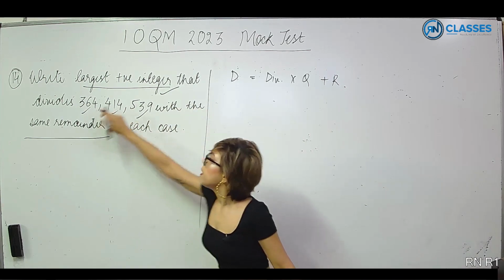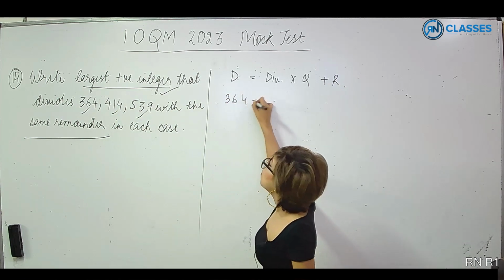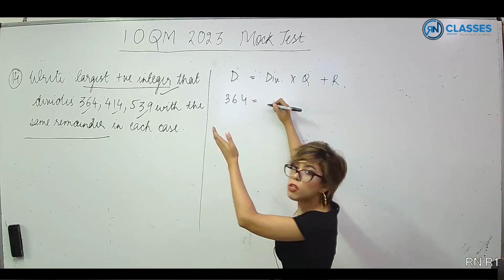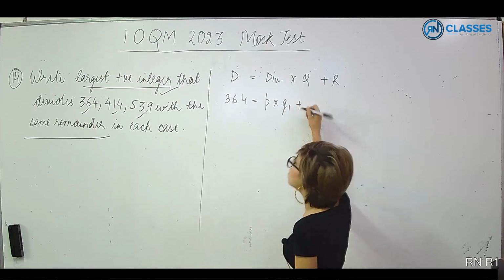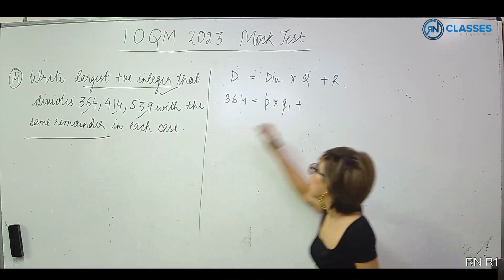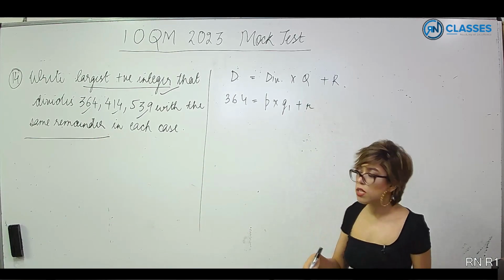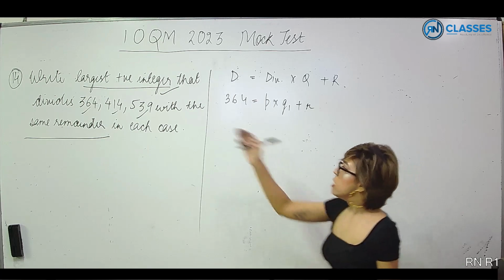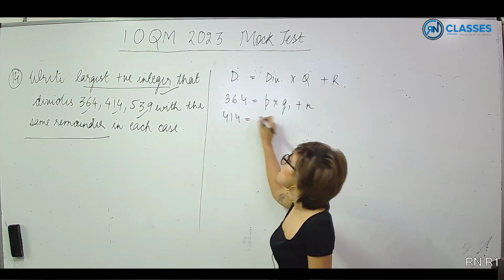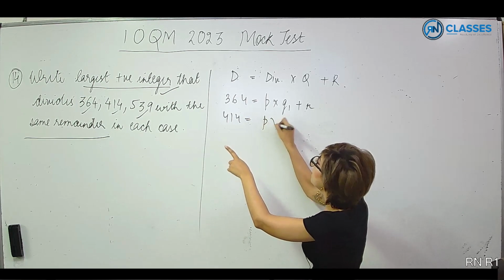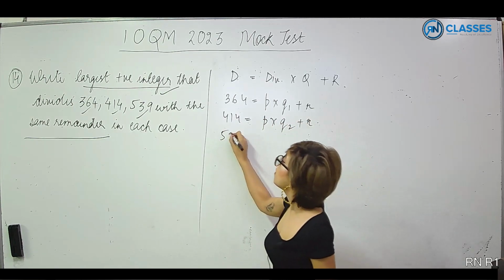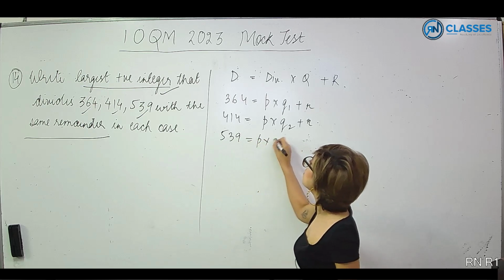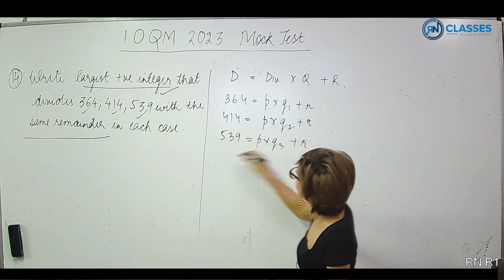Now in the first case, my dividend is 364 equal to, now let that number that I'm interested in, let that be P into some quotient, so let that be Q1, plus the remainder. Now the remainder in each case is R, because those are the same, so I will just take it to be R. Similarly, I have 414 as, now number remains the same, so P into Q2 plus remainder also remains the same, so R. Then 539 equal to P into Q3 plus R.